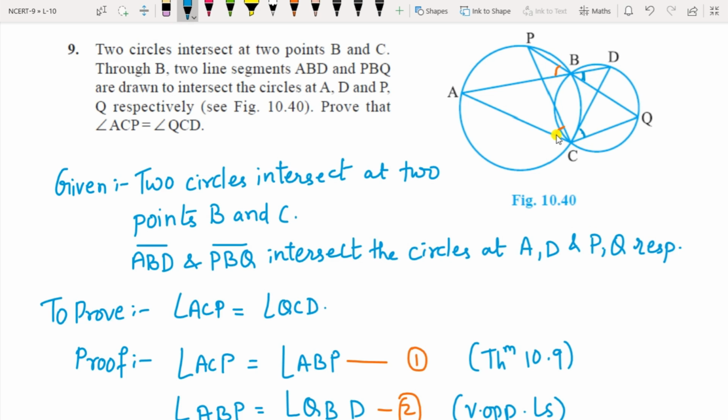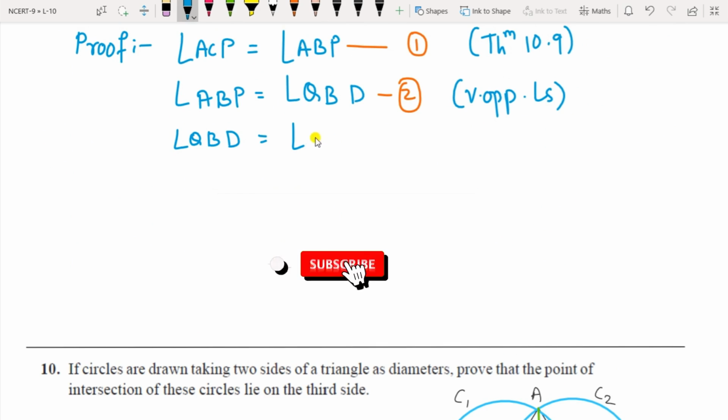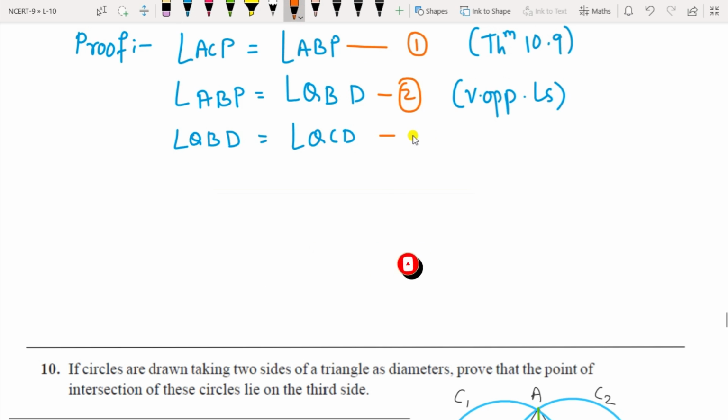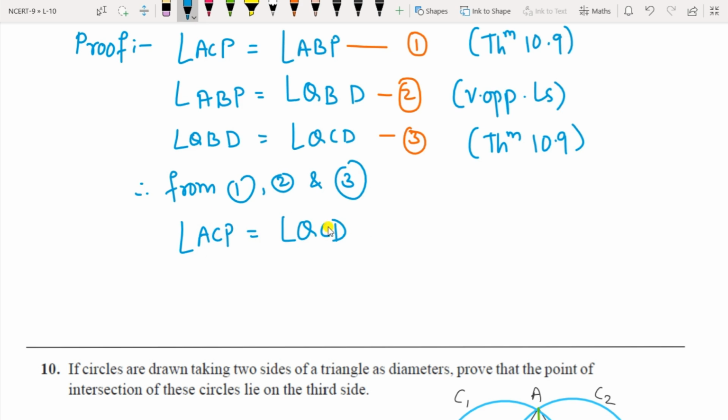So angle QBD is equal to angle QCD. That is your equation number 3, because of theorem 10.9, angles in the same segment are equal. Now from 1, 2 and 3 we can say that angle ACP is equal to angle QCD, and hence proved.